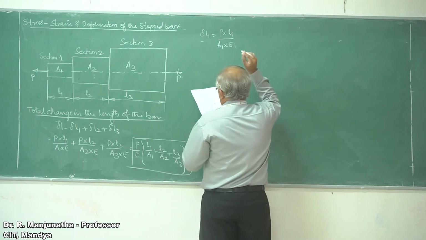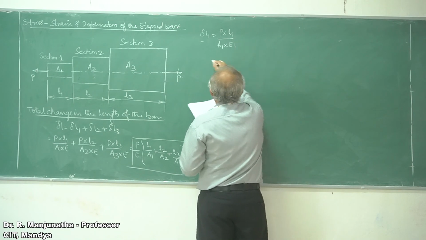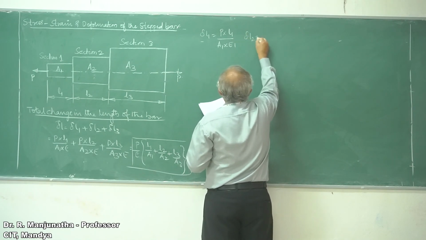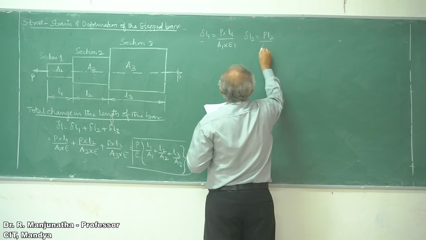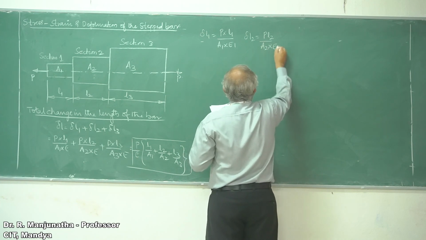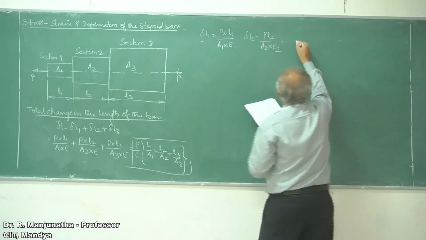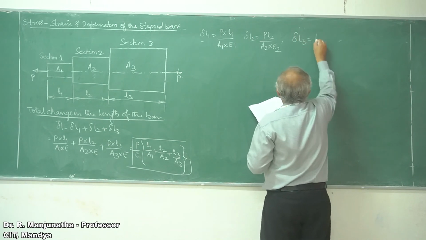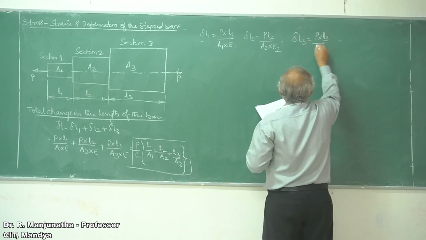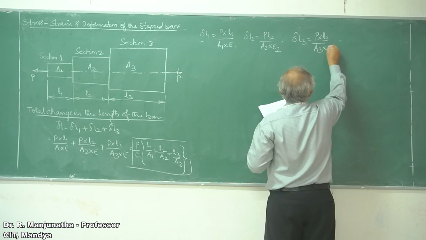Similarly, delta L2 will be equal to P into L2 by A2 into E2. Then delta L3 is given by P into L3 by A3 into E3.